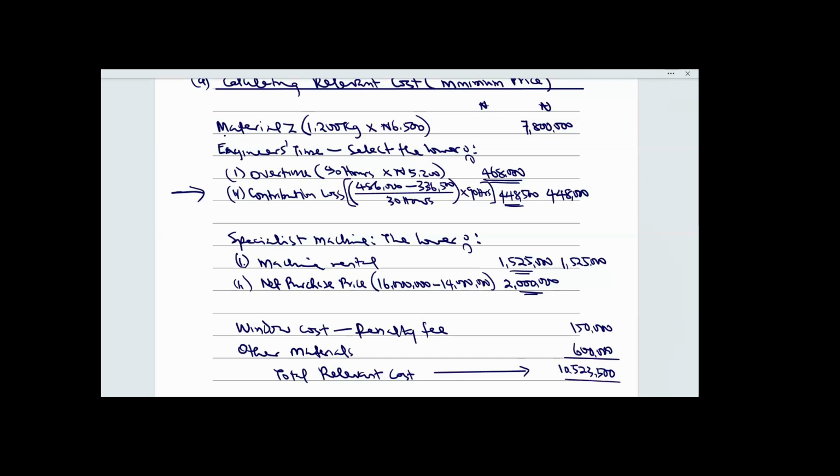To get the contribution per hour, you deduct the variable cost from the sales value, which gives you total contribution. Then you divide it by the number of hours on product Y. Once you get the contribution per hour, you multiply by the total hours required on this contract, which is 90 hours.